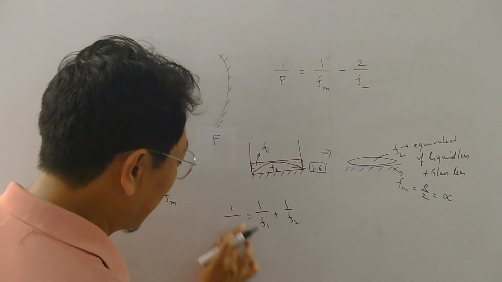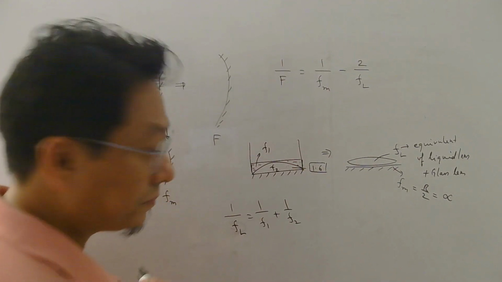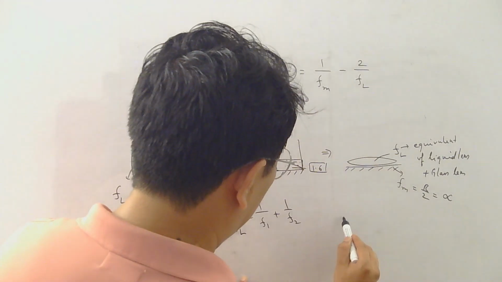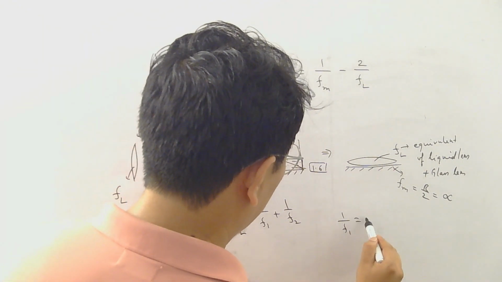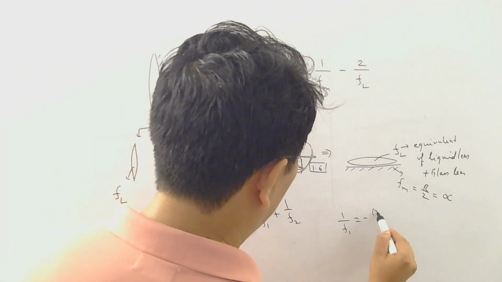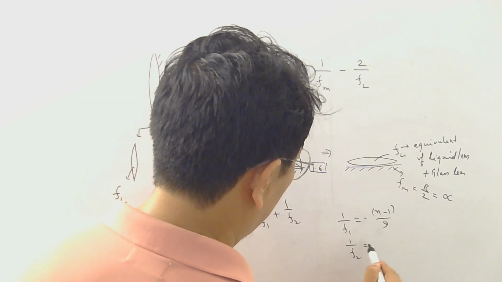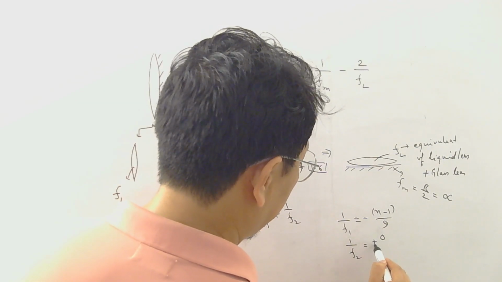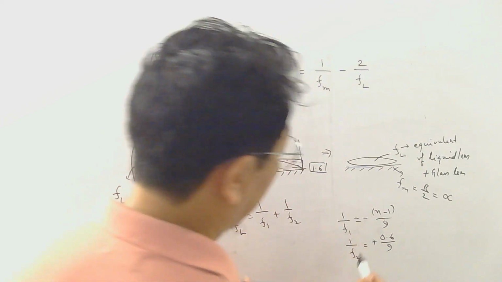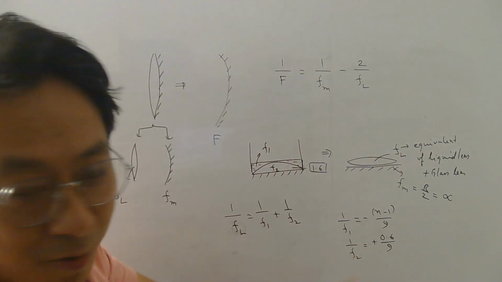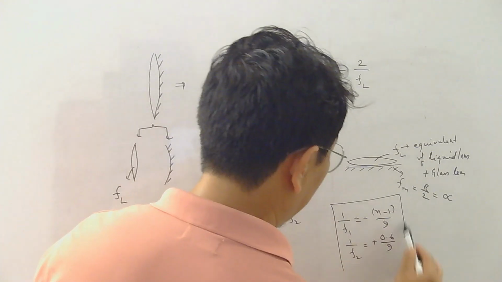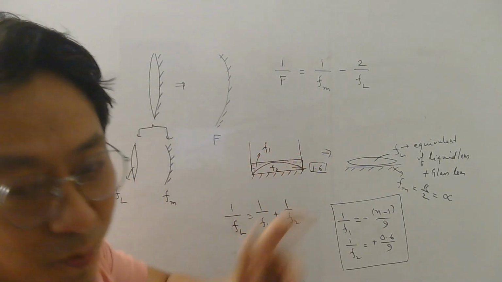So now I am writing that as FL. Now we already saw that 1 by F1 was equal to minus (n minus 1) by 9 and 1 by F2 was plus 0.6 by 9. So I hope you remember this part. Okay, you can check that part once.